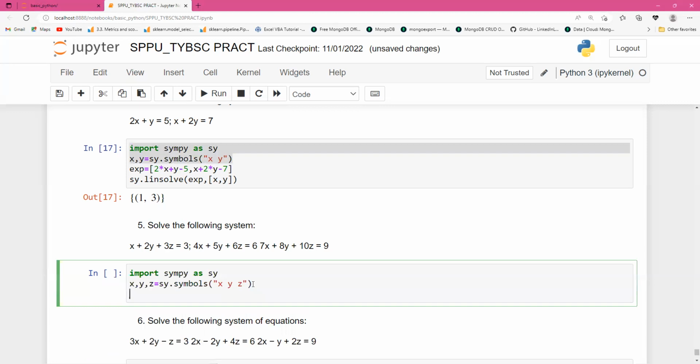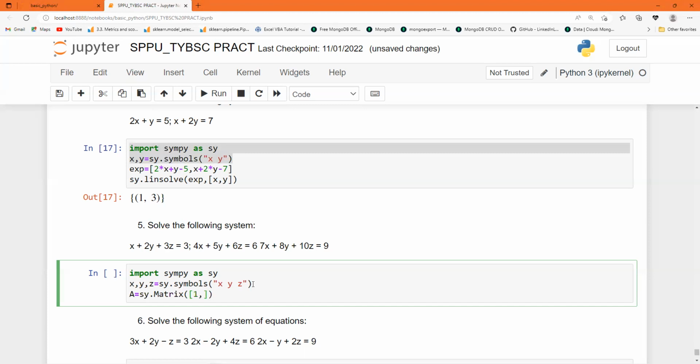Okay guys, now we already know we can solve the system of linear equations by using the matrix method, that is AX is equal to B. Firstly we have to find the matrix A, that is the coefficient matrix. So I am writing here A is equal to sy dot matrix, and in this matrix I am writing the coefficients of x, y, and z.